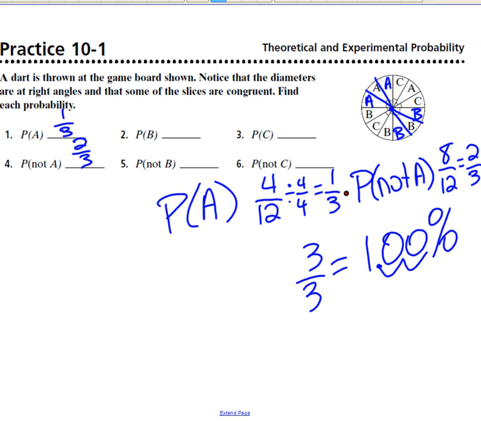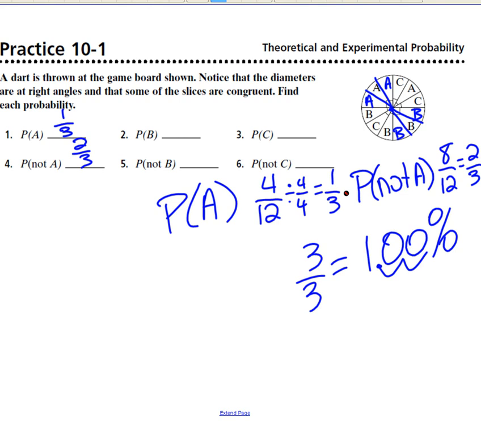Do you think it's a coincidence that the probability of getting an A or not getting an A adds up to 100%? No. Is there any other possible way it could land? No. What could you get that's either A or not A?